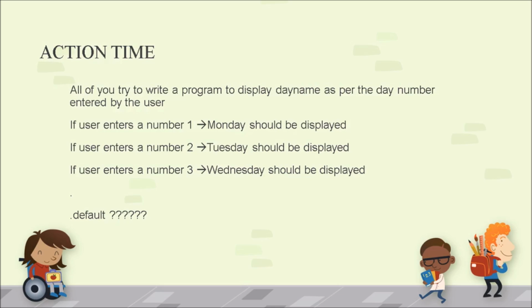So if the user enters any number besides 1 to 7, it must display invalid day number. So keep trying, write out the program. I'll give you 2 minutes.